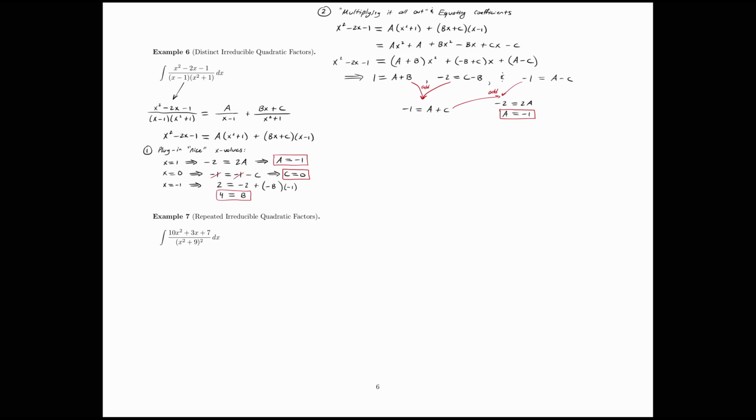Okay? Not only that, but since I know a is -1, if we substitute this in, that will yield this answer, which is c equals 0, because the -1s will cancel and we'll be left over with c equals 0.